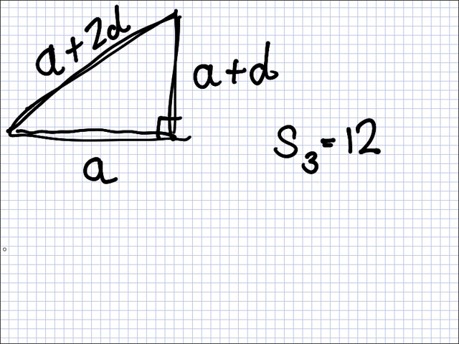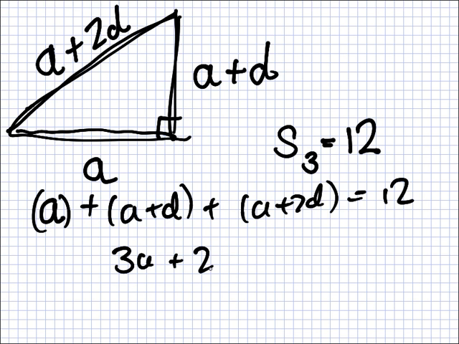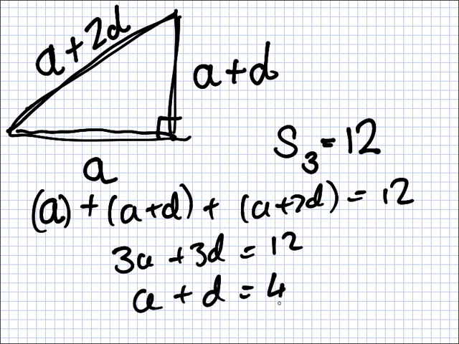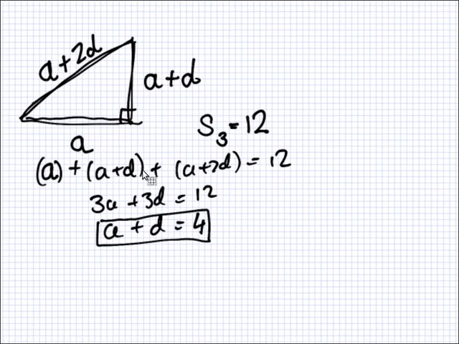You know that a plus d plus a plus 2d, that should equal 12. So sorry, 3a plus 3d must equal 12. So that means a plus d must equal 4. Now here's the problem: we need a second equation.